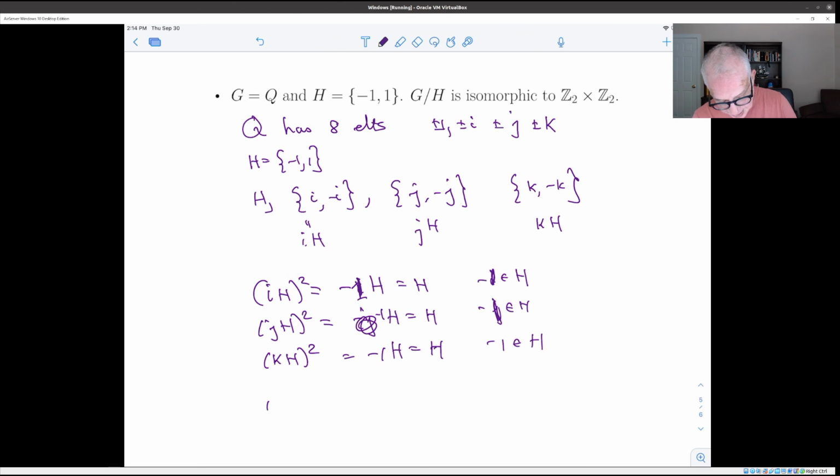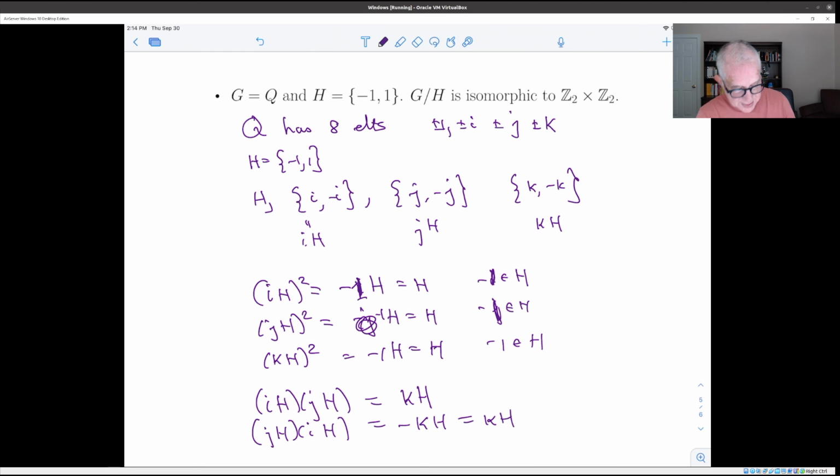And then when you multiply them, like if you multiply iH times jH, you get kH. But if you multiply jH times iH, you get minus kH, but that's kH again, because minus 1 is in H. So it's like you've taken the quaternions, where the order of multiplication does make a difference, and you've said, I'm just going to call x and minus x the same. And if you do that, then the group magically becomes commutative.